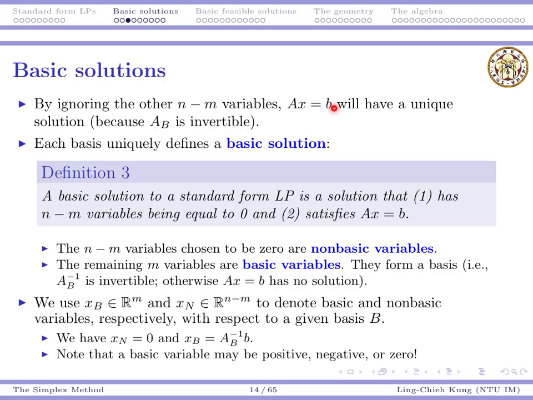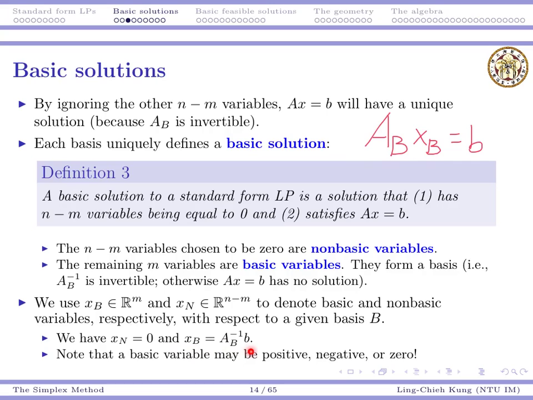Here, because A has been reduced to AB, the submatrix, because all other columns are multiplied by 0, what we are really solving is AB XB equals b. Now we only have these m columns times m variables, and XB can be expressed as AB inverse b.